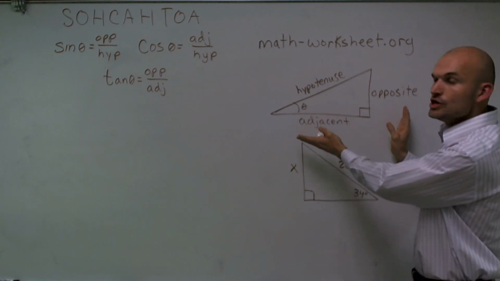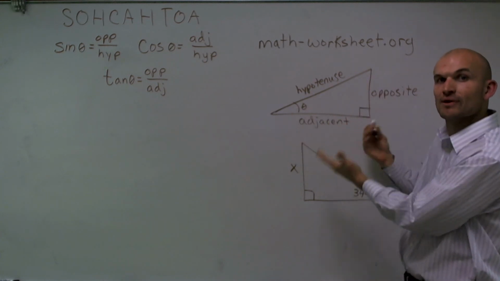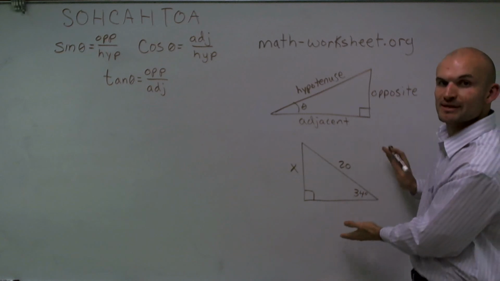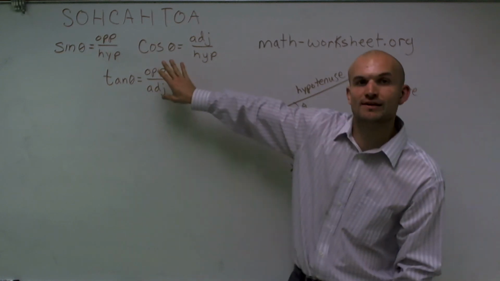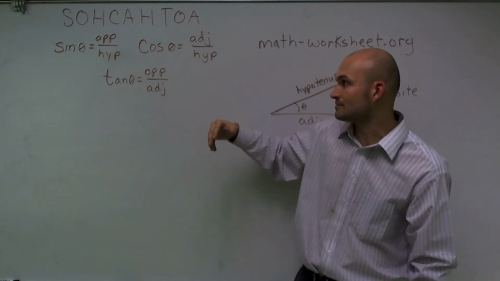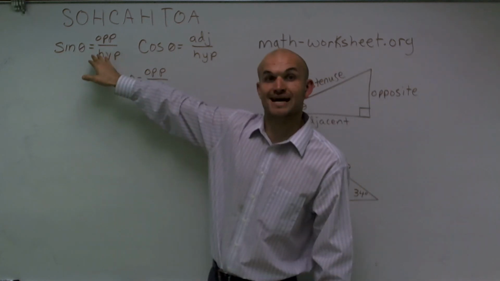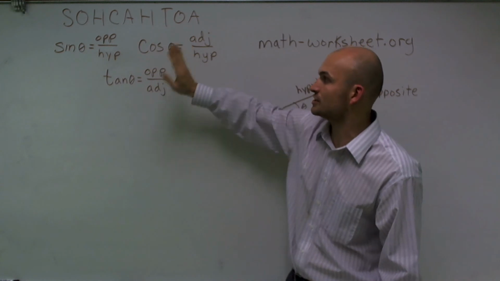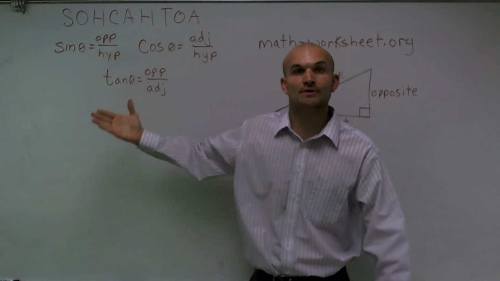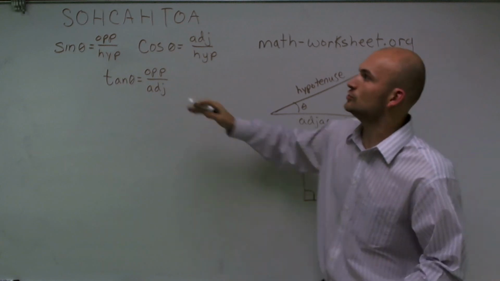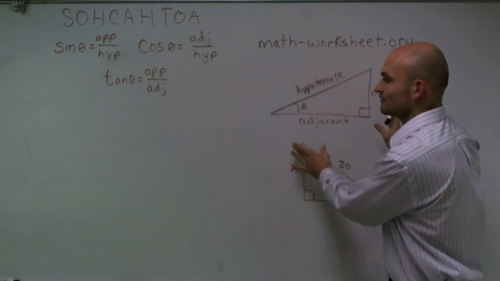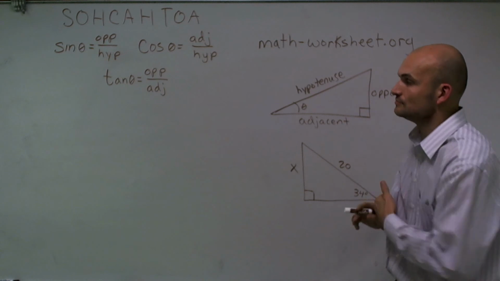So once I know all the lengths of a right triangle, I'm going to be able to take a problem, and by using the side lengths, I'm going to use three different functions to help us solve the problems. The three functions are our sine function, our cosine function, and our tangent function. We use these functions for our angle theta, and they use the ratio of the side lengths of the triangle.